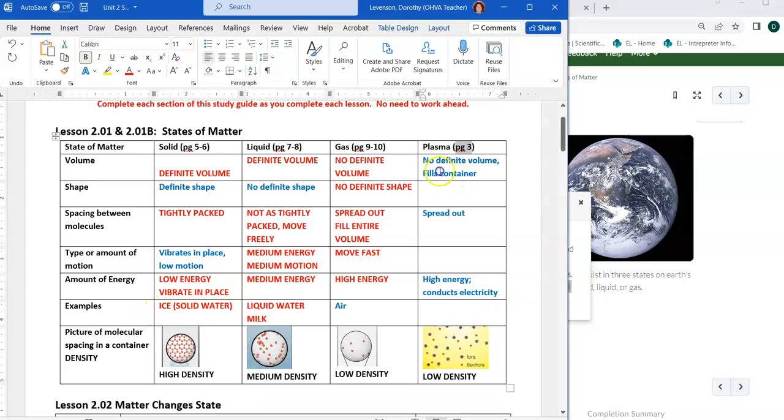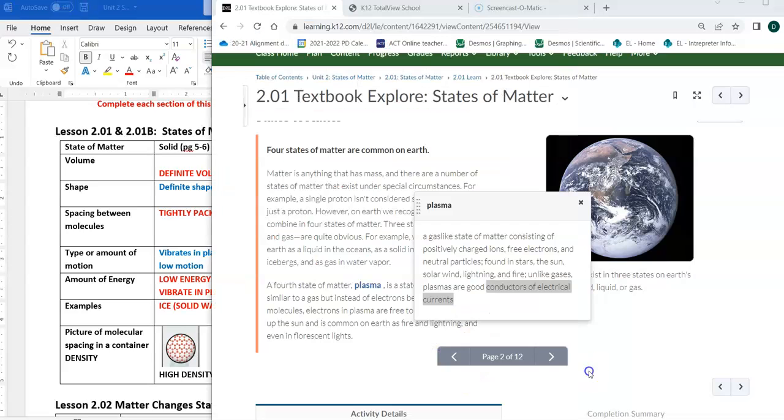So no definite volume, it fills the container. No definite shape. It fills the container, whatever this container is. They spread out indefinitely. They have fast motion. Examples: stars, lightning, fire, right?